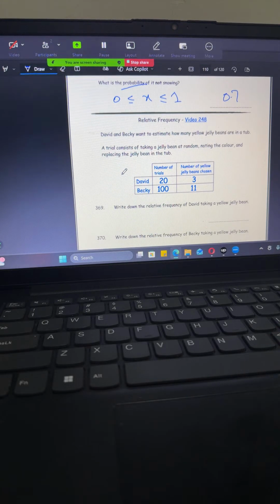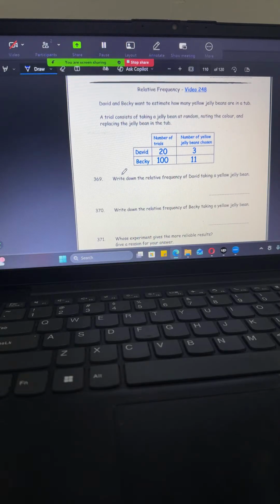David and Becky want to estimate how many jelly beans are in the tub. A trial consists of taking a jelly bean at random, noting the color and replacing it in the tub. David did 20 trials and 3 yellow jelly beans were chosen. Becky did 100 trials. Can you find the relative frequency?